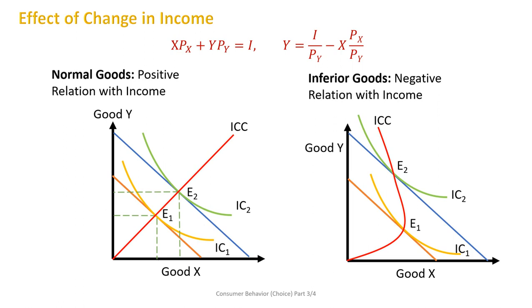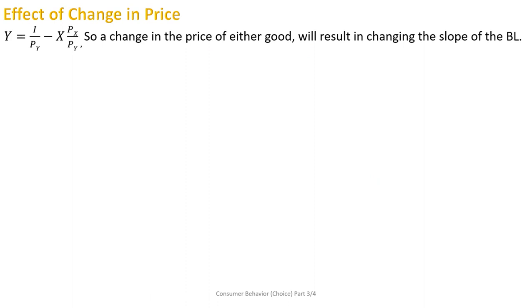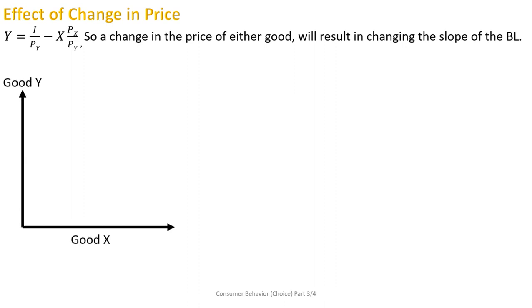Now the effect of change in price. We know that a change in price of any good will result in changing the slope of the budget line. Let's assume that a consumer is in equilibrium at E1 given his income and the prices of both commodities.